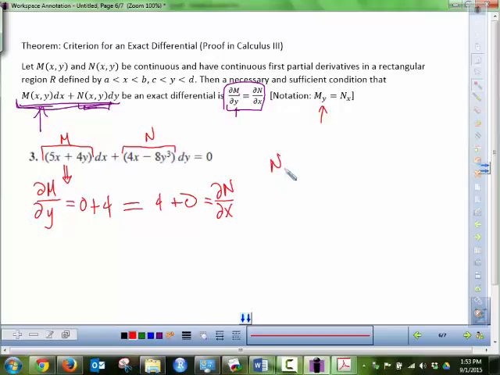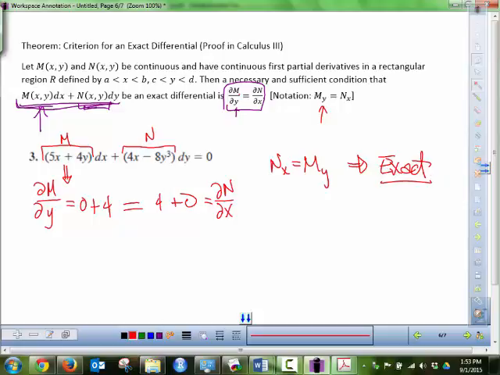So N_x equals M_y, and that means this is an exact differential equation, which means we would be able to solve it using a technique that we're going to learn. Okay? Any questions so far?